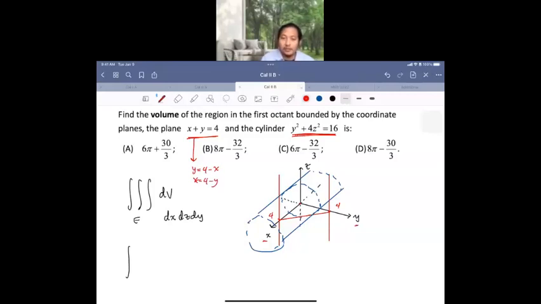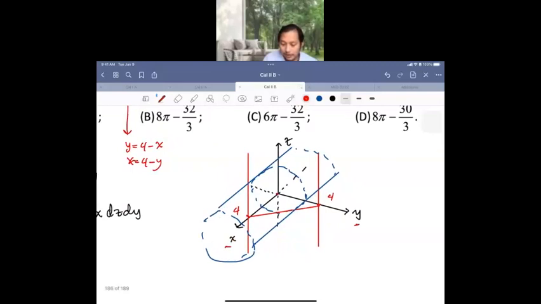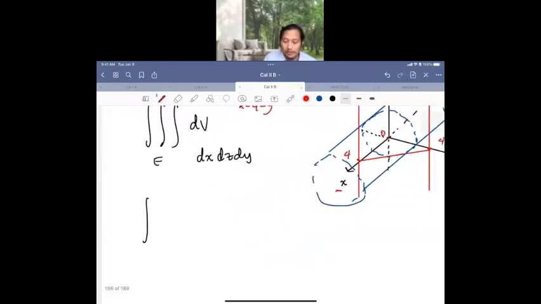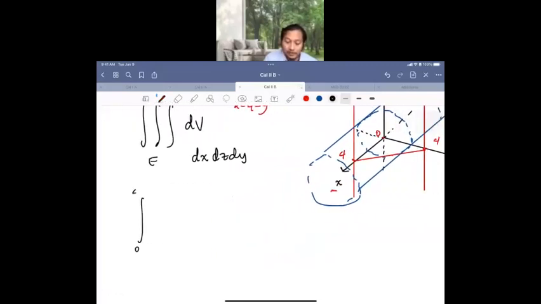I hope you understand that we can switch x and y because we can treat them like a constant from 0 to 4. They both go from 0 to 4, it's the same. Let's say we try with y for the outside integration.